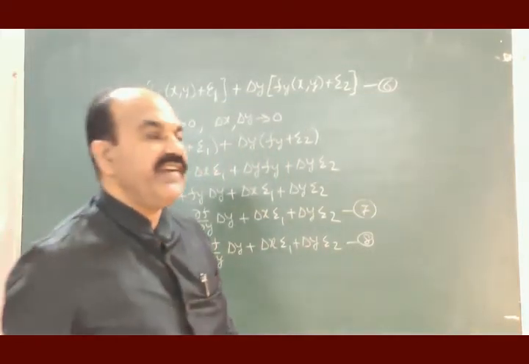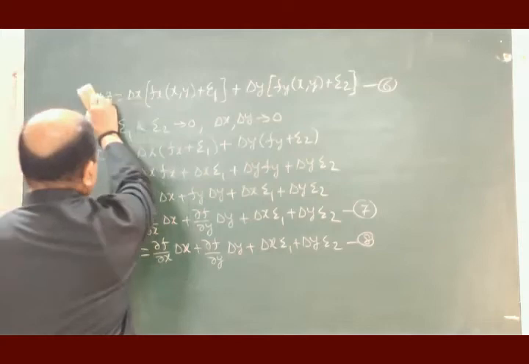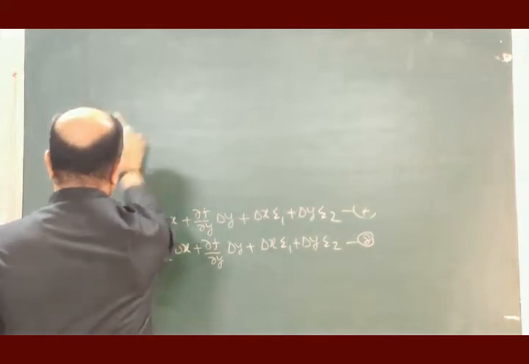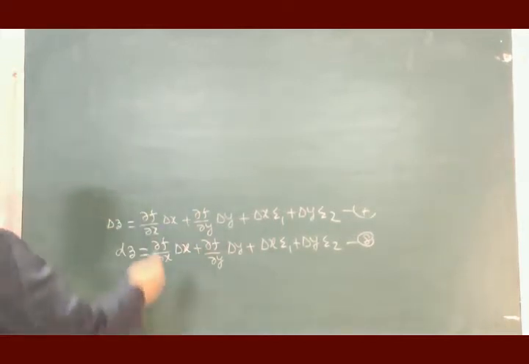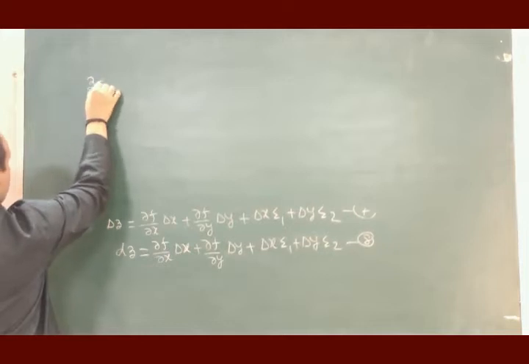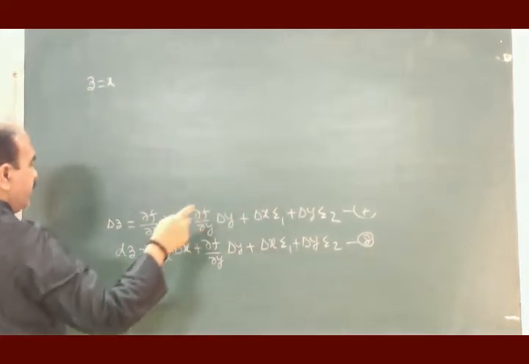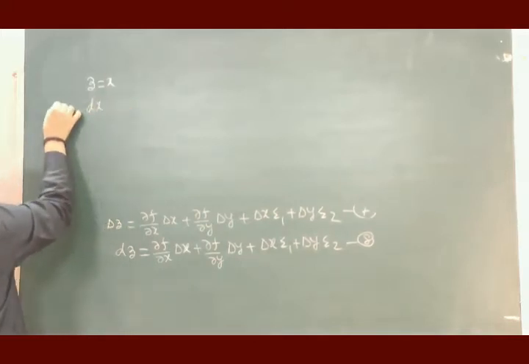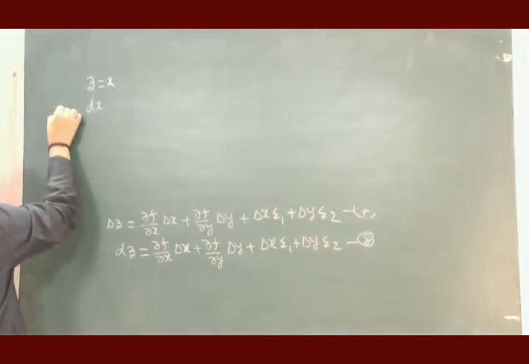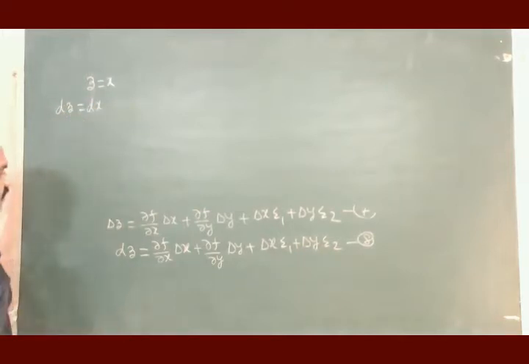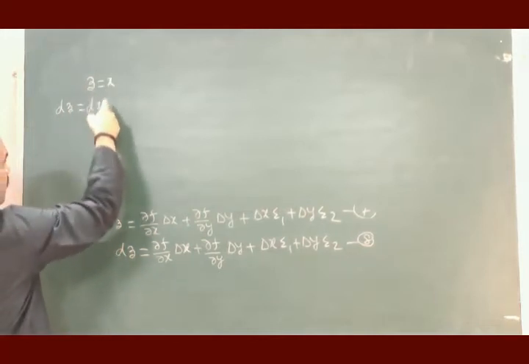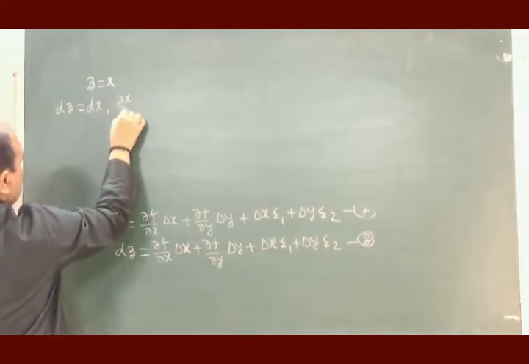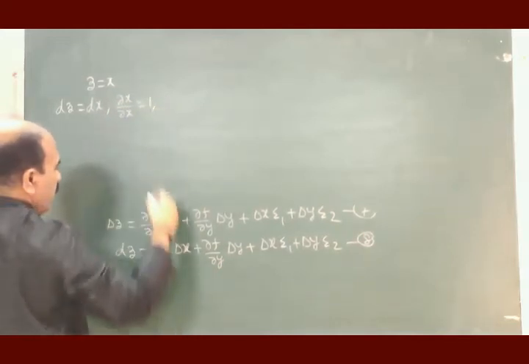Let us try to simplify equation 8 further. Let us substitute z is equal to x and rewrite this equation. So dz will be equal to dx if we have z is equal to x. This will become dou x by dou x is equal to 1.